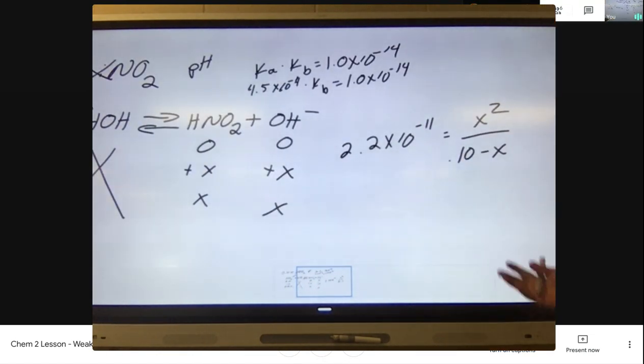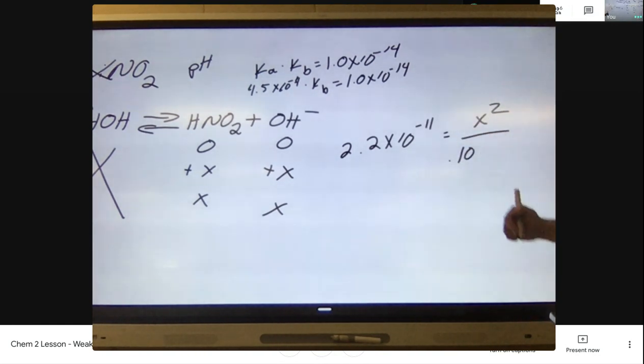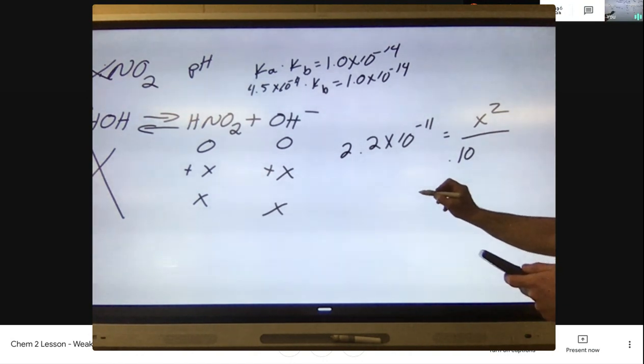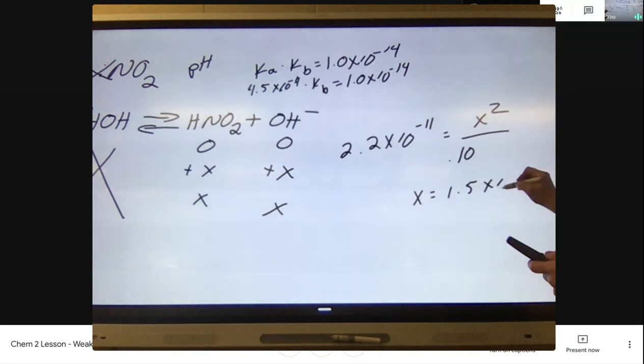And we're going to use the cheat factor here because that is a really small number. So we're solving for x. We take that times 0.1 and square root it. My answer might be a little bit different. So I get for x 1.5 times 10 to the negative 6. I negative log that.